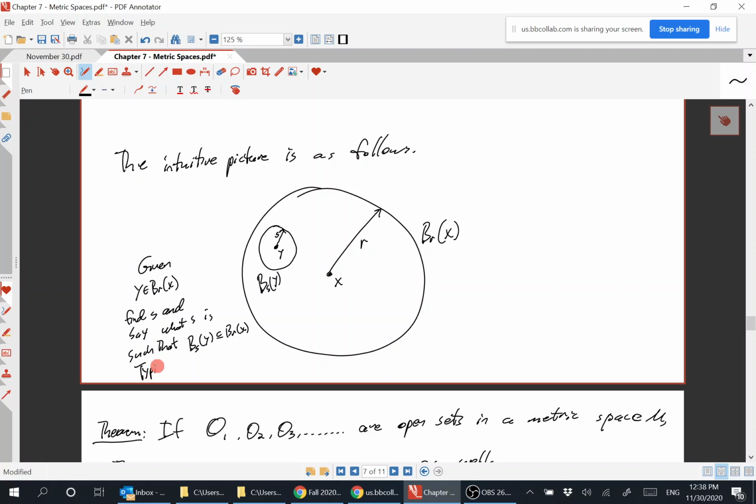So you have to find an S, that's step 1, and step 2, show that B sub S of Y is a subset of B sub R of X.